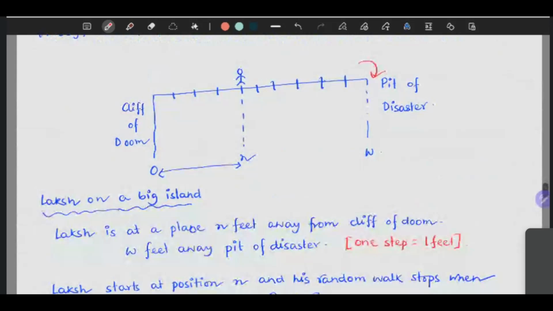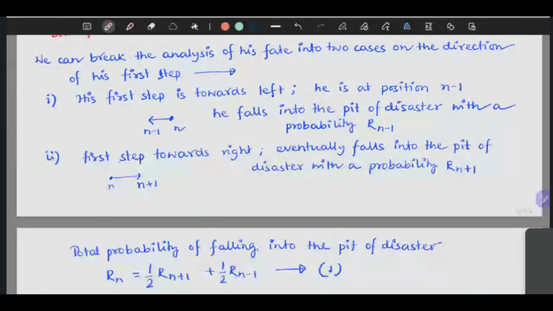Let's say his first step is towards the left, then he will be one step behind, at position n minus 1. And if he takes a step right, then he will be at position n plus 1, right?